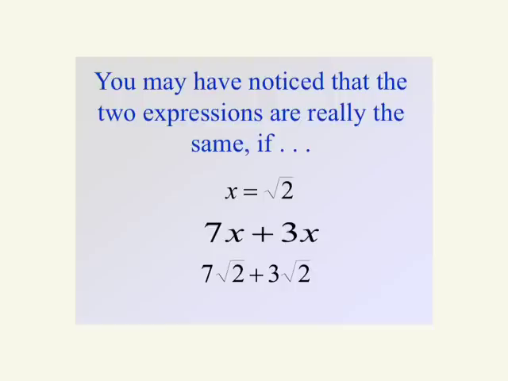Now, when you add these two together, they're really doing pretty much the same thing. We all know that 7x plus 3x is equal to 10x. That's what we get when we combine like terms. Well, today we're focusing on adding and subtracting radicals. Well, adding and subtracting radicals is just like adding and subtracting like terms.